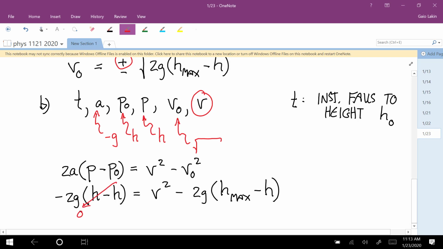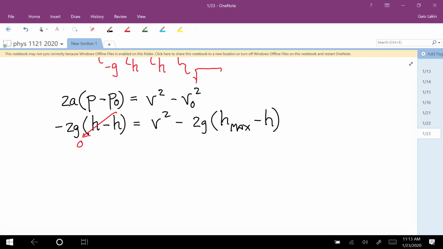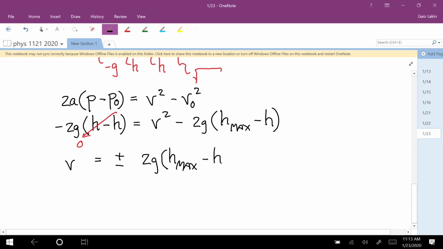This side goes away, and you get that v is plus or minus square root of 2g times the quantity h max minus h. So this represents the velocity of the ball when it gets to a height h on the way back down. Do we want positive or negative? Negative because it's on the way down, which is opposite what we chose as the positive direction.